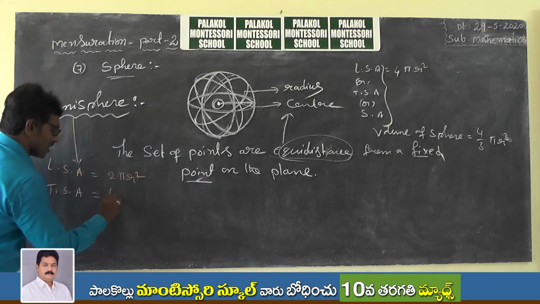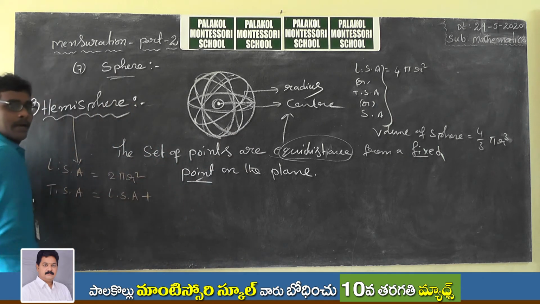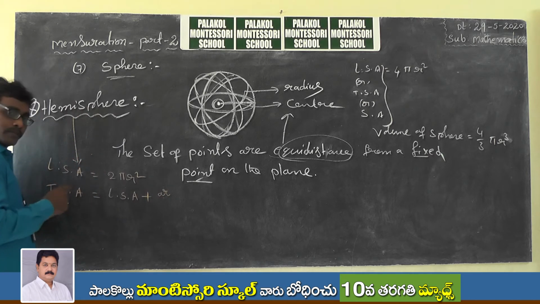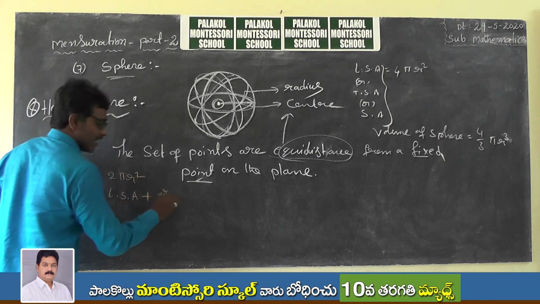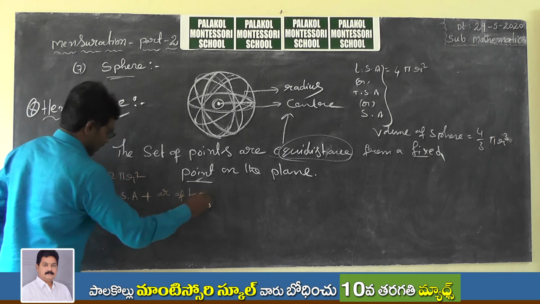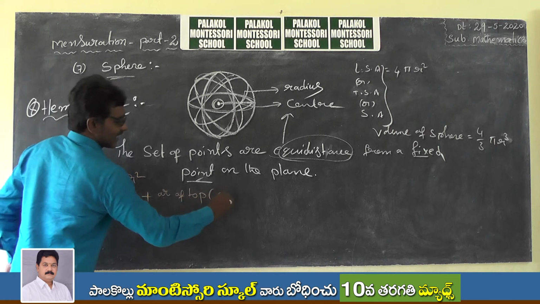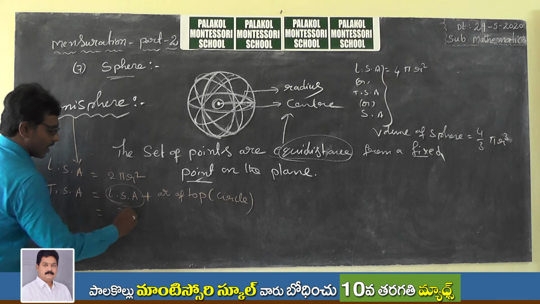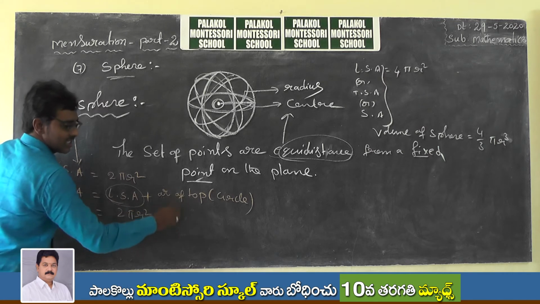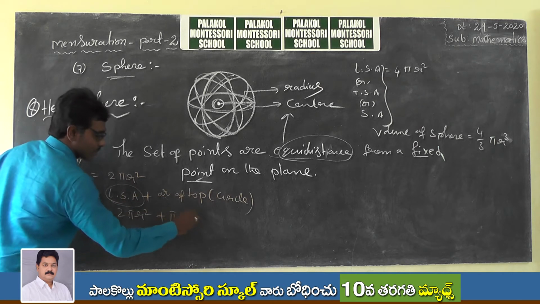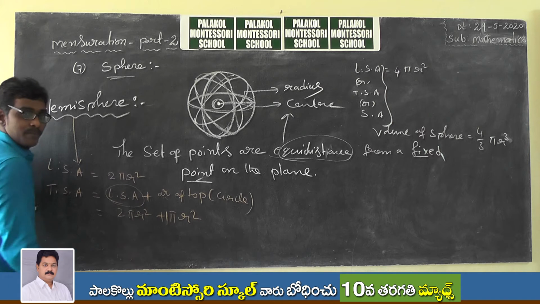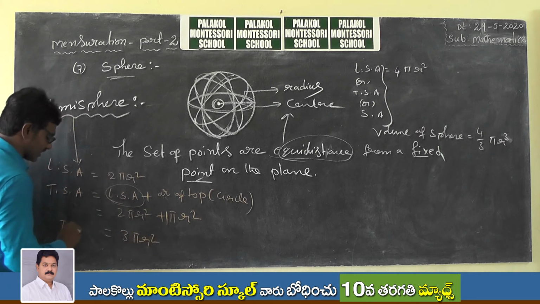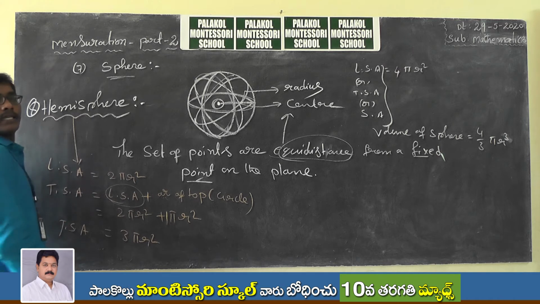So lateral surface area of the hemisphere plus the area of the top, the circle, pi r square. 2 pi r square plus 1 pi r square is 3 pi r square. This is the total surface area of the hemisphere.